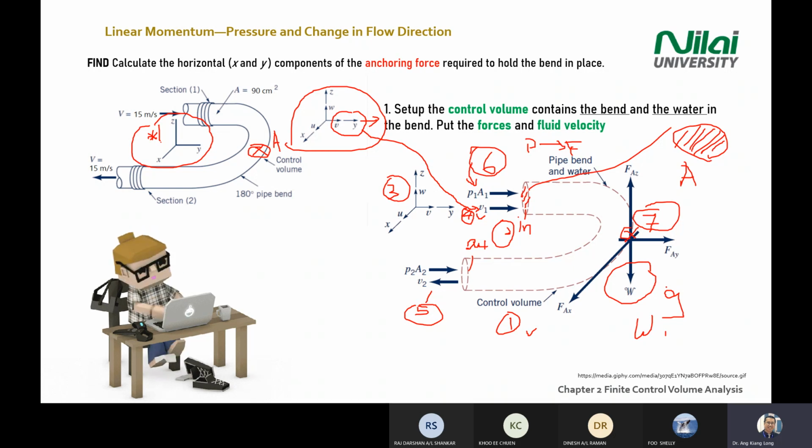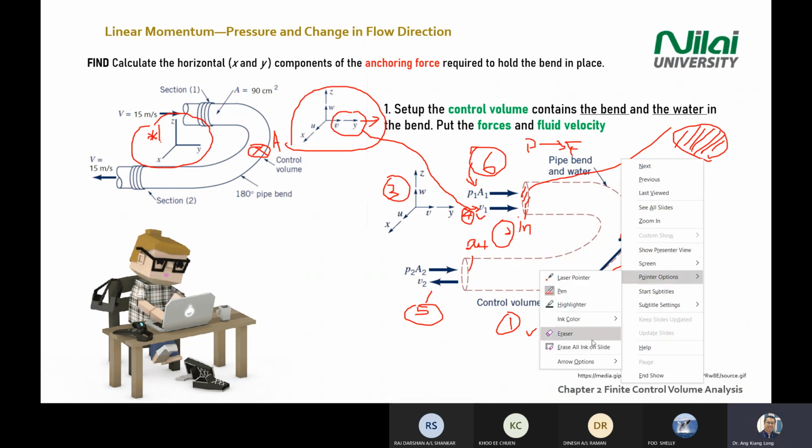Normally we will only look at the fluid, and in the previous example you had a nozzle mass also. In this case, we need to consider the fluid and also the vessel or the pipe, unless the question asks you to ignore the pipe. So these are all the steps when you set up the free body diagram.